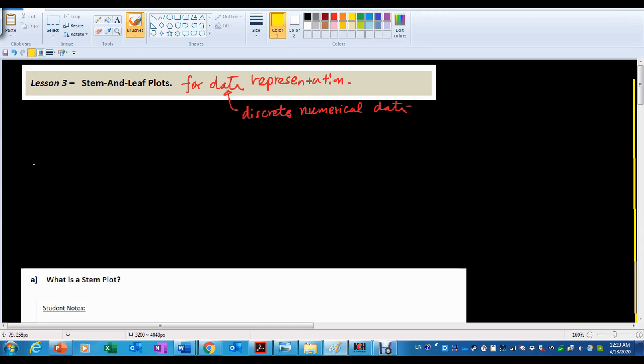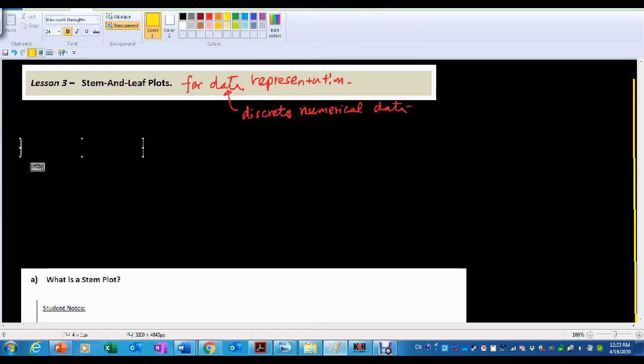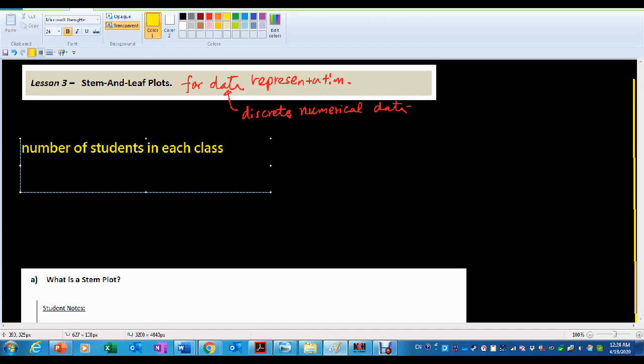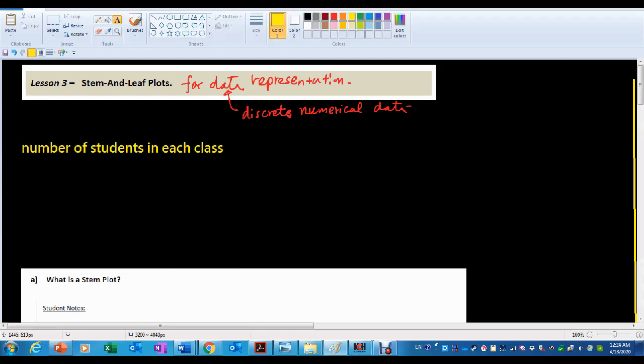Let's say, for example, I have a group of data about the number of students in each class. I just randomly assign some numbers.